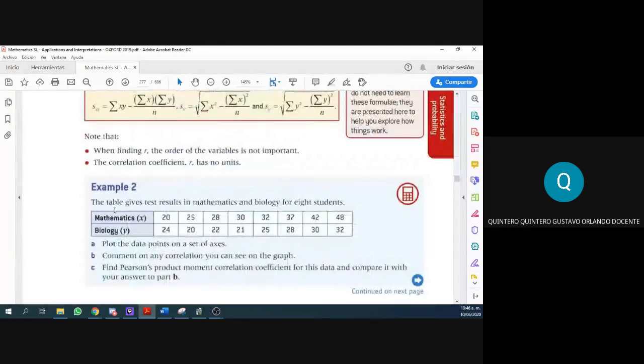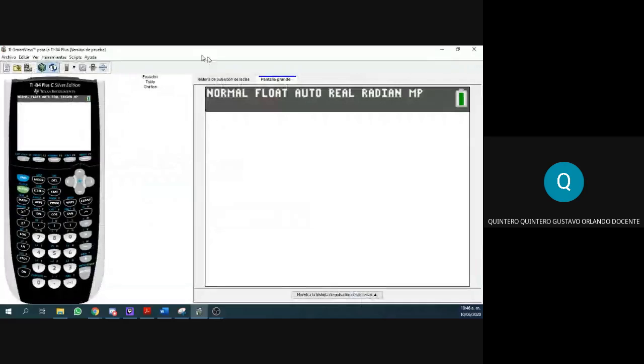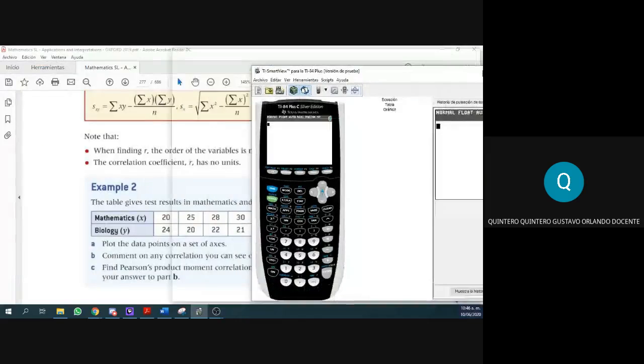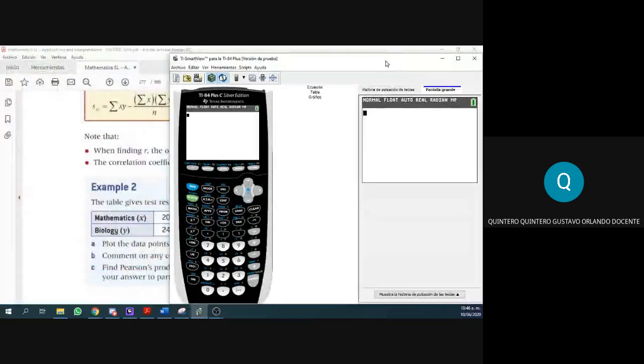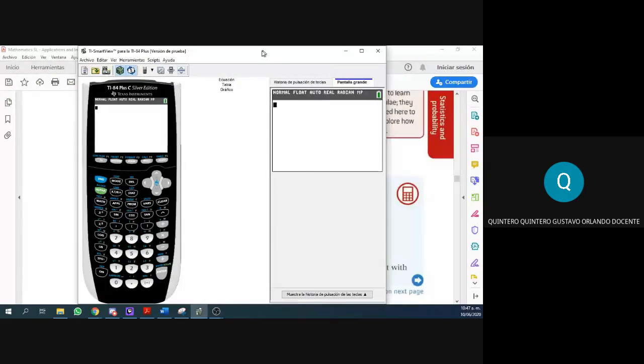with this example. Here we have table 2. And I have here my calculator. Let me see if I can fix this. I can't. Too bad.